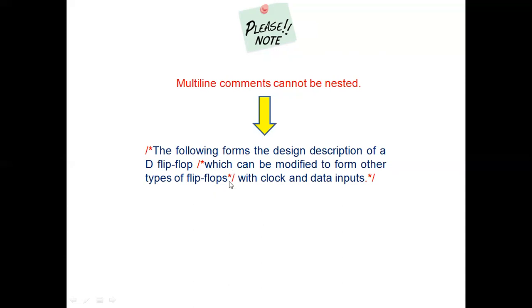You ended here. Again, with clock and data inputs, you terminated here. Like this, you should not mention the multi-line comments. Once they start, you write all your required text, then you end with star followed by slash. But don't include multi-line comments in nested fashion, like this.